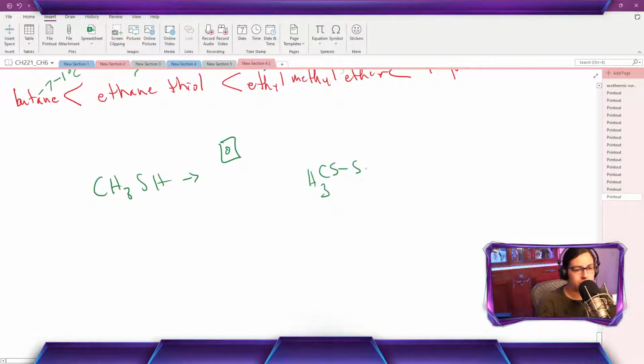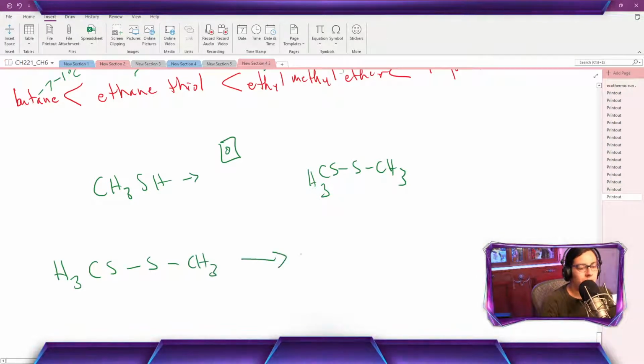Oops, dropped my sulfur there. So just like this. And then, of course, we could do the opposite. So we could start with this product here and then undergo reducing conditions. And then, of course, we would reform that sulfide and make 2 equivalents of that.